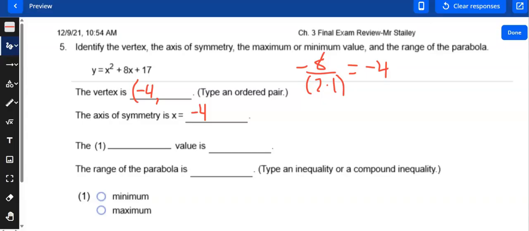So those two things match. And we can plug it in to find the other part: -4 squared plus 8 times -4 plus 17. Okay, so 16 minus 32 is -16, plus 17 is +1. So +1.